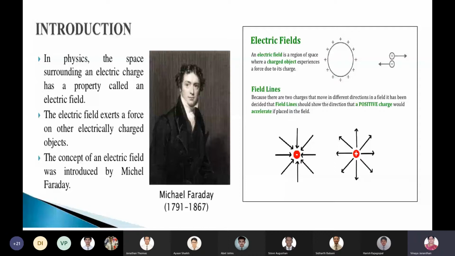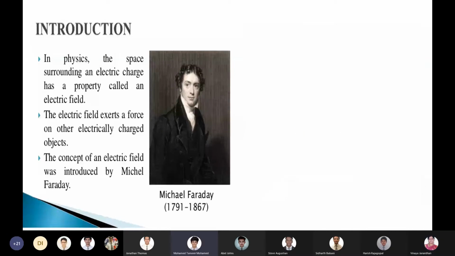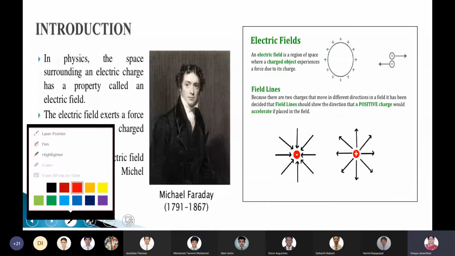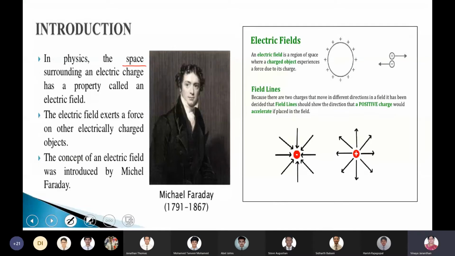Just write the space surrounding an electric charge. Right, boys. The space surrounding an electric charge. Ma'am, should we write field lines also? No, field lines I'll give you next.